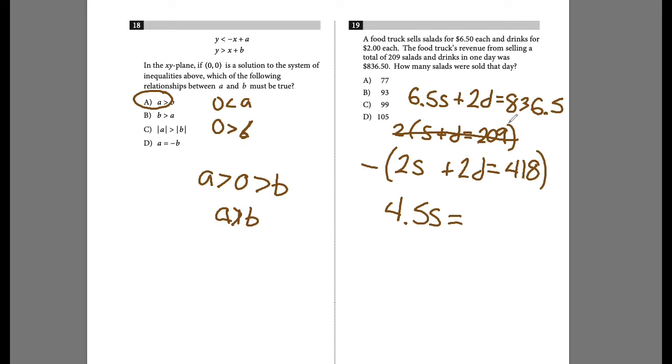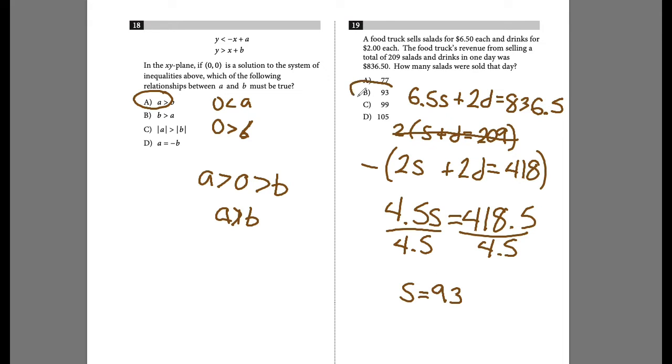Those cancel. And then 836.5 minus 418 is going to be 418.5. In order to get S by itself, we have to divide both sides by 4.5. And then finally, S equals 418.5 divided by 4.5, which is going to be 93, or answer choice B.